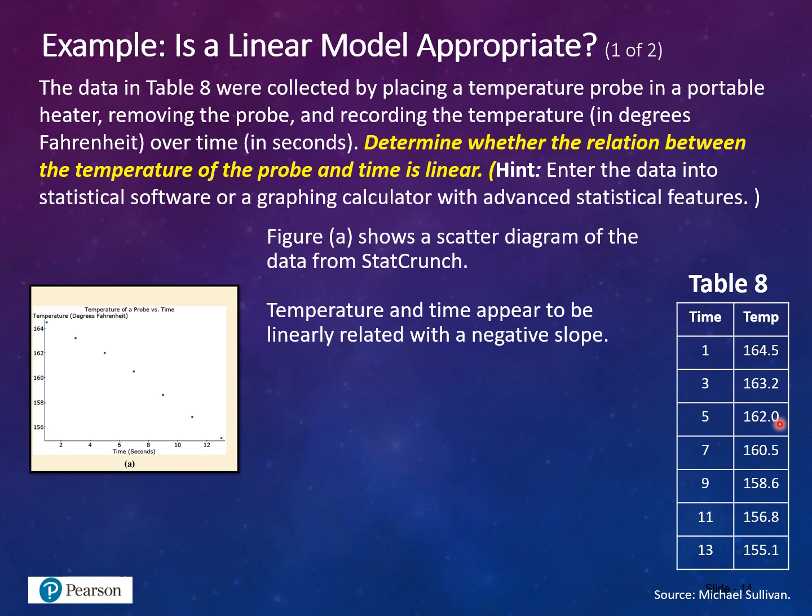Figure A shows a scatter diagram of the data from StatCrunch. And it does look like a linear model would be appropriate, a negative linear model, right?